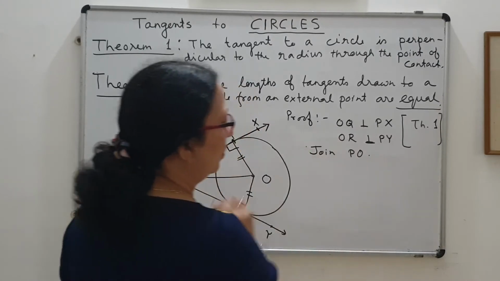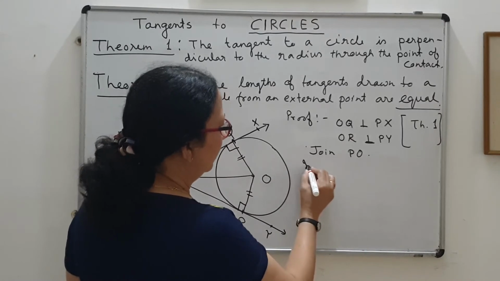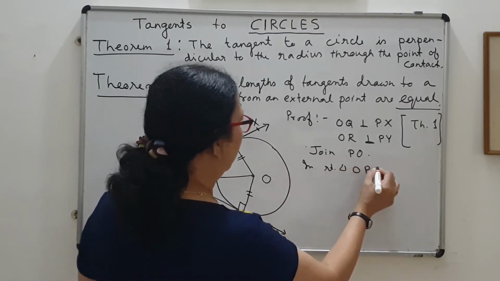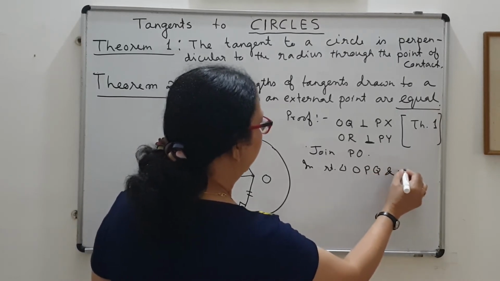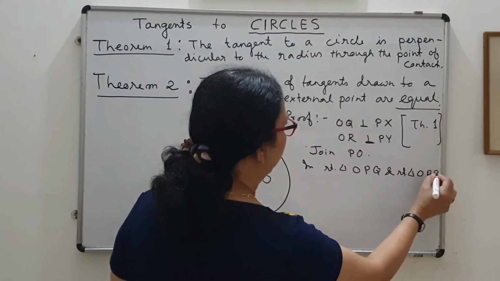PO. Then two right triangles are formed, right triangle OPQ and right triangle OPR.